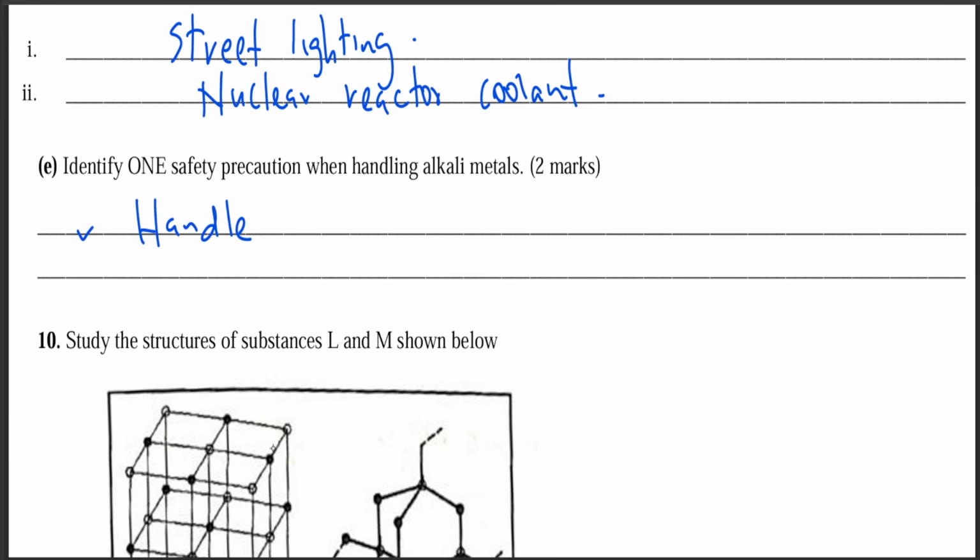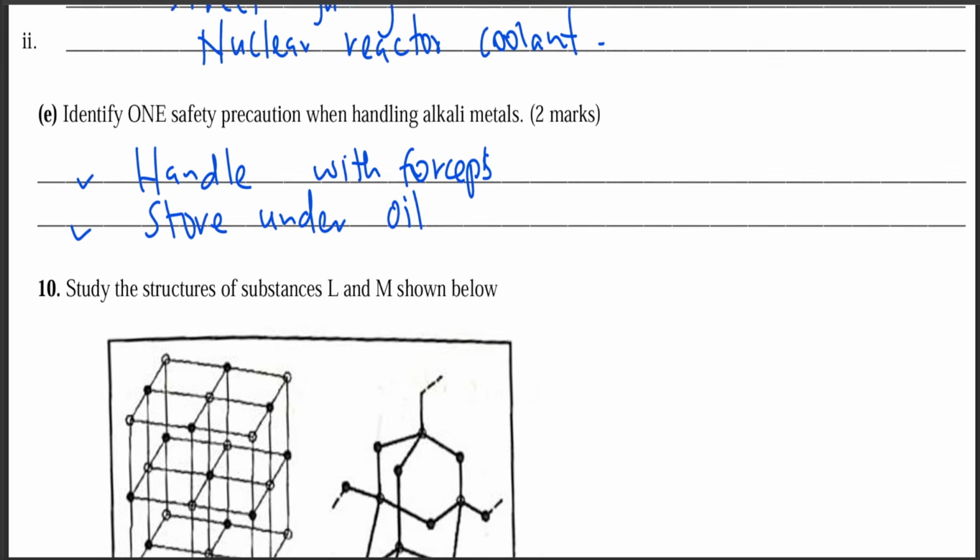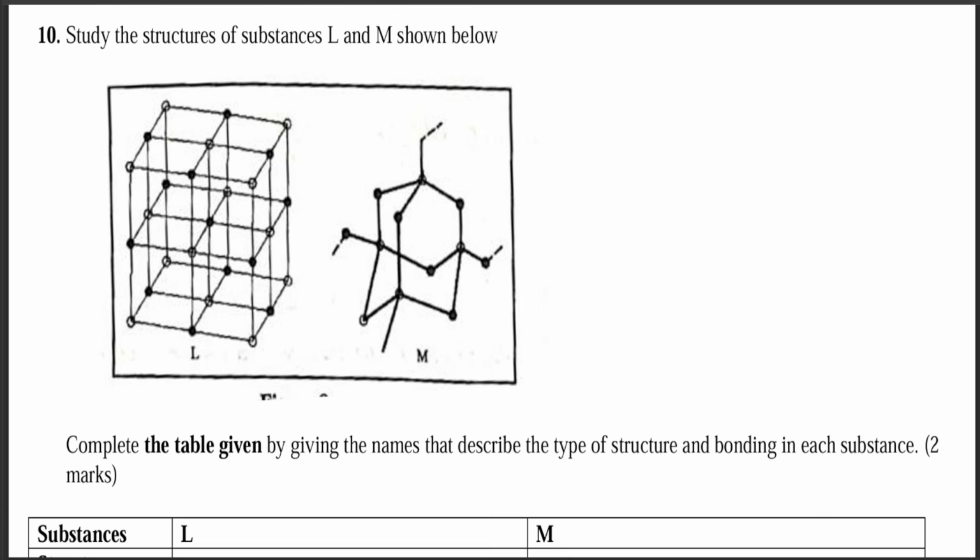Handle with forceps and store it under oil. If you store it under water it will react with the water and there will be an explosion. That's why the best way to store it is under oil, because it is unreactive with it.